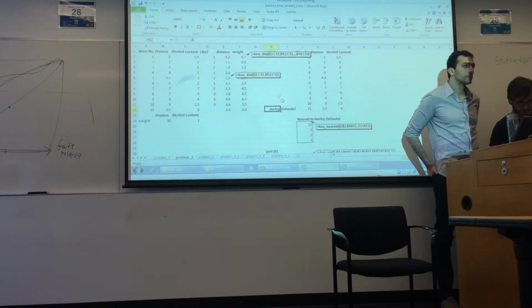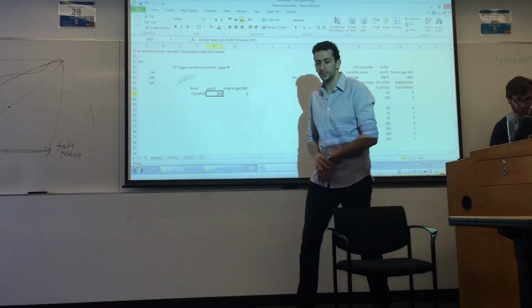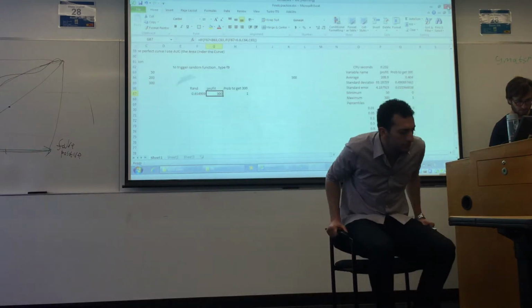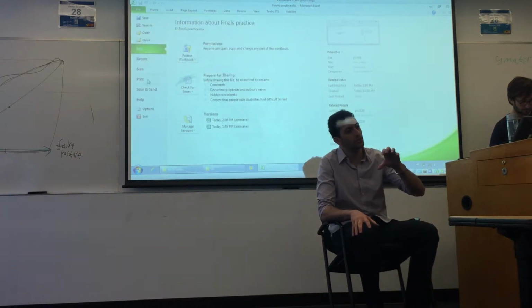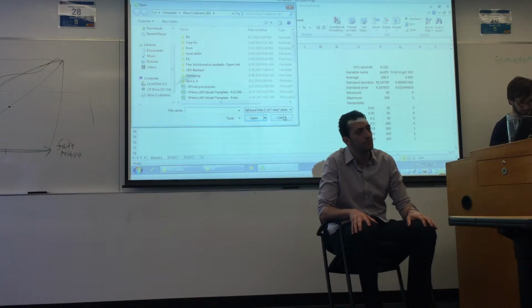The formula you had under the probability? Yeah, if 300. It's actually not a probability. The name of the cell is not very accurate. But if the profit is equal to 300, then 1, otherwise 0.